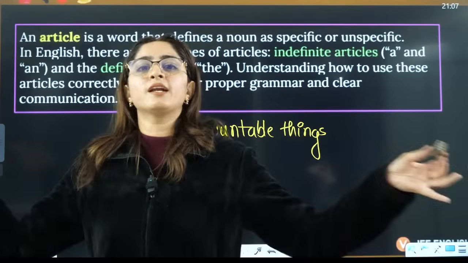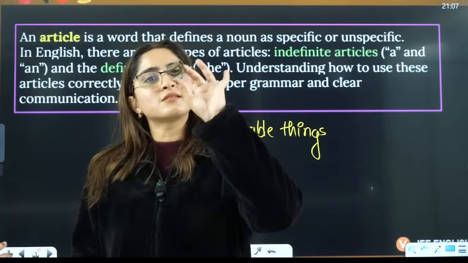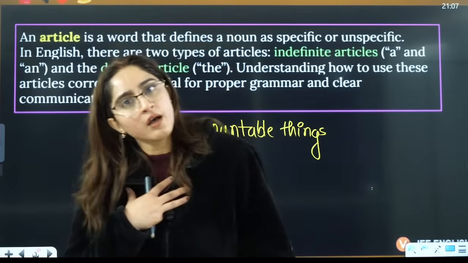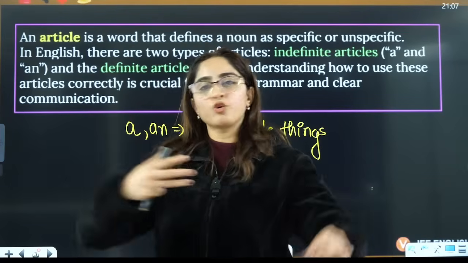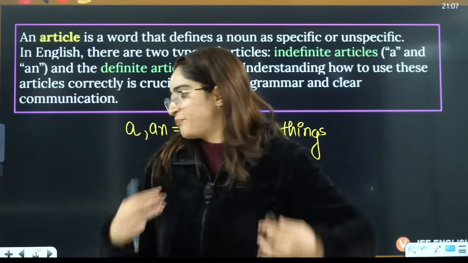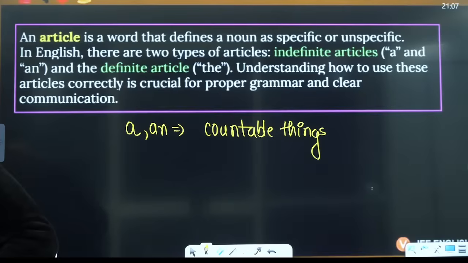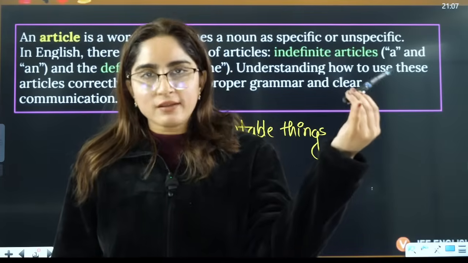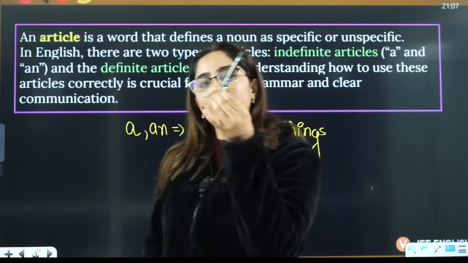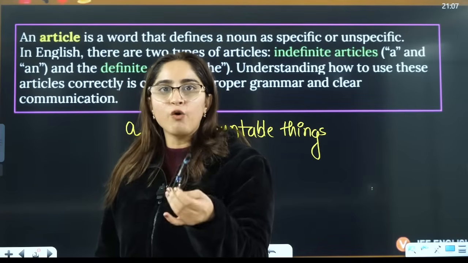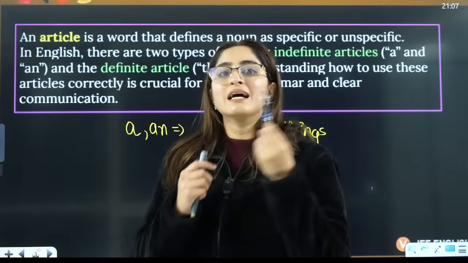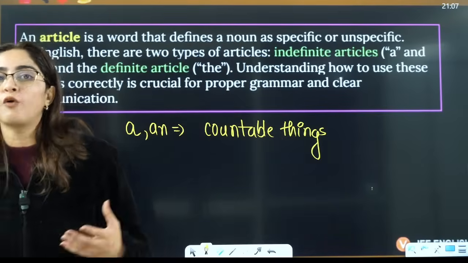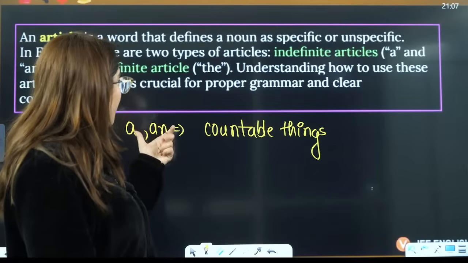There are so many clutches in this universe, but this is one of them. I am a woman. There are so many women out there, I am one of them. If I say, this is a pen, there are so many pens in this world, but I am talking about this one pen. I can count it, whether it's 1 pen or 2 pens. That is countable, so for countable nouns we use a.